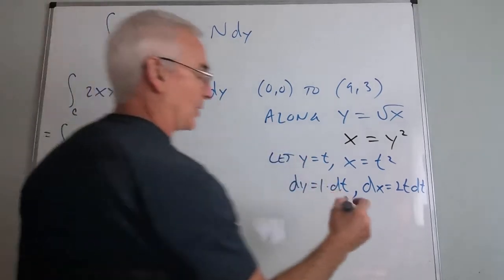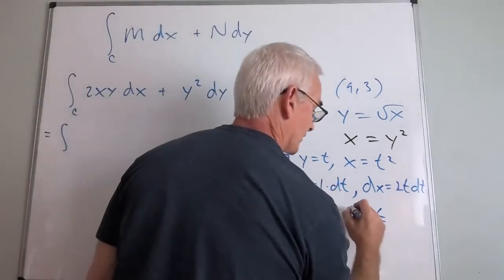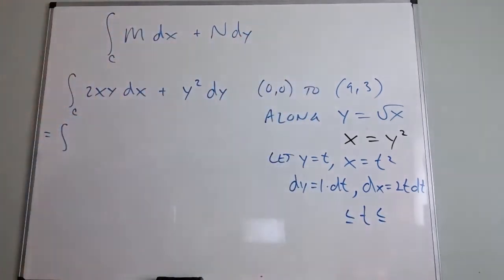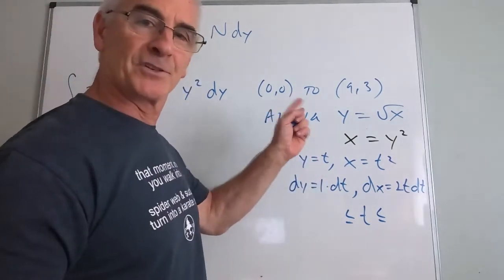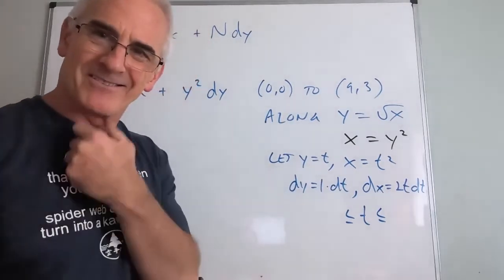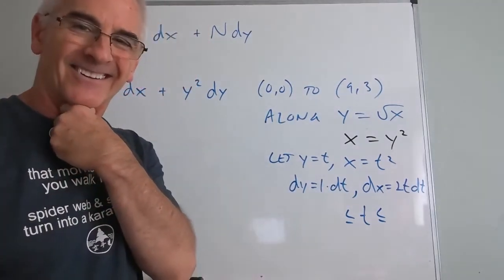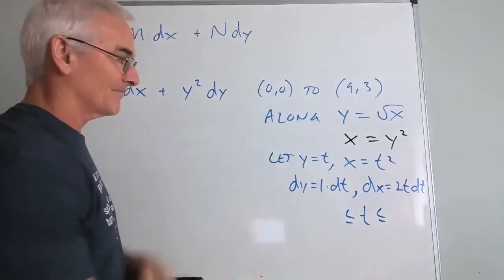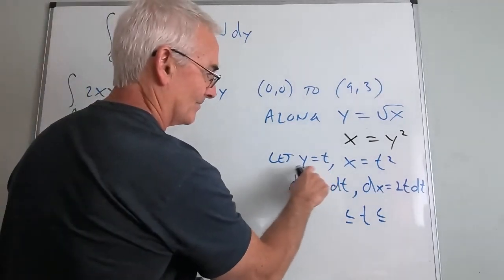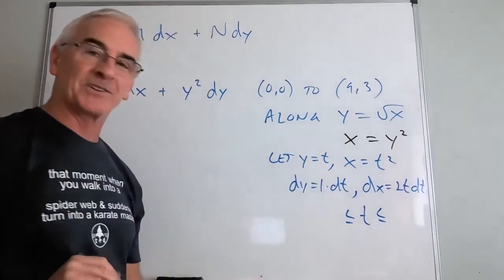Oh, by the way, last part, very important. Almost forgot. What is the range of values on t? I only have 2 choices, right? It's either 0 to 9 or it's 0 to 3. Which is it? Which one is it?